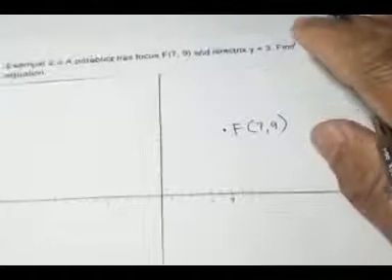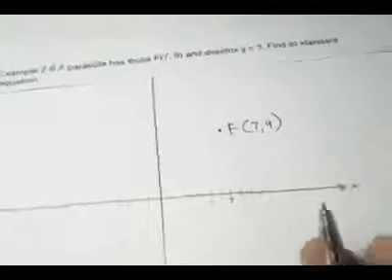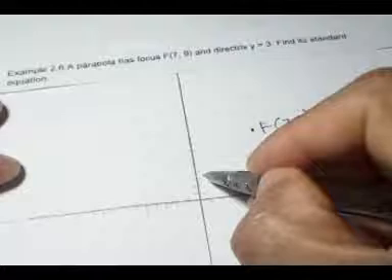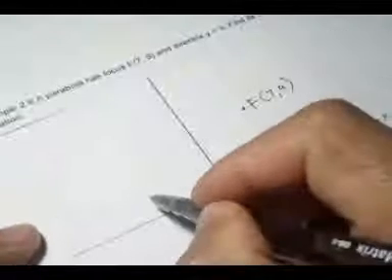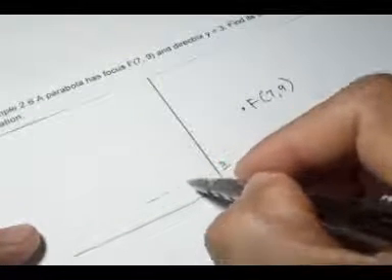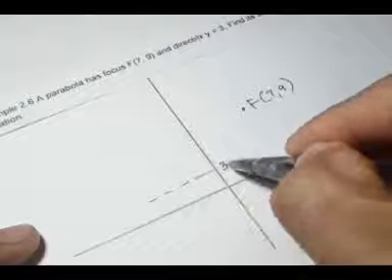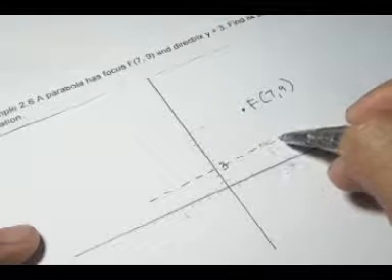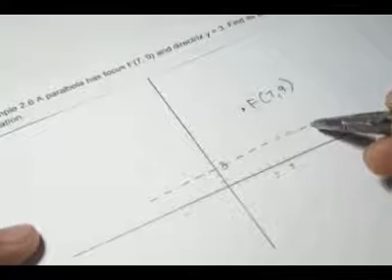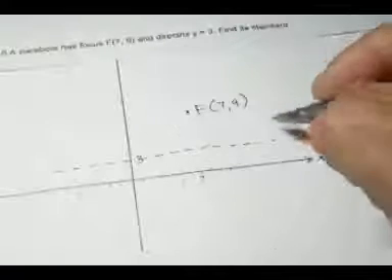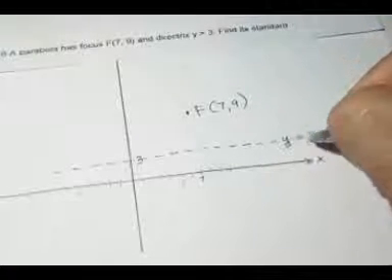The directrix is y equals 3. Let us construct the directrix. This is 3, and the line is a horizontal line. This line is y equals 3.